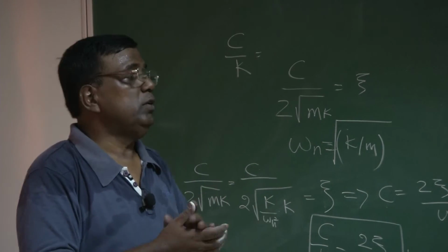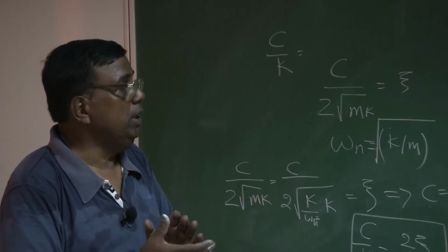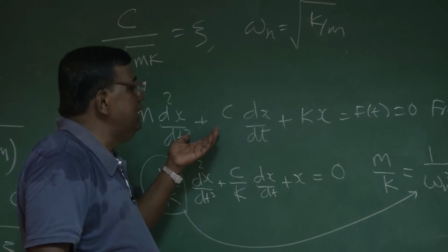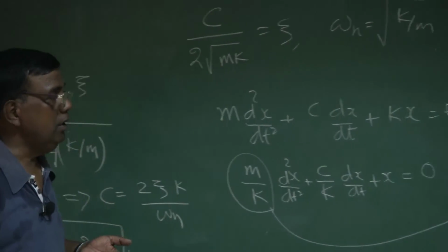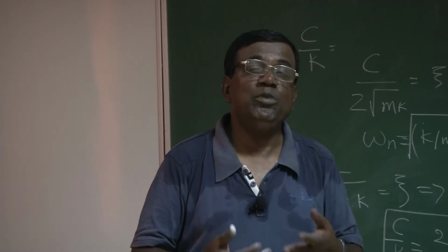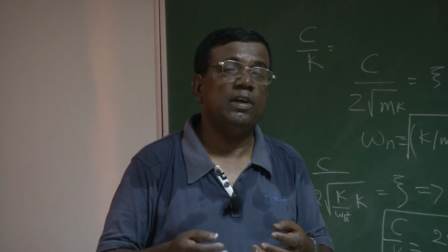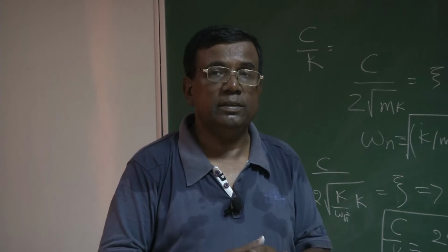Now to know more about it, in terms of mathematical modeling, we thought of converting this equation of motion into a form where you use damping ratio and natural frequency. These two are very important parameters when you try to evaluate handling qualities.